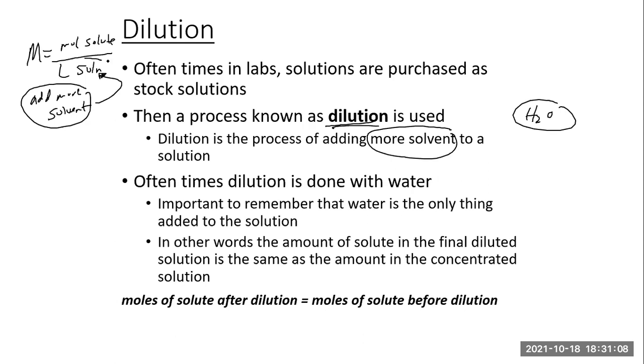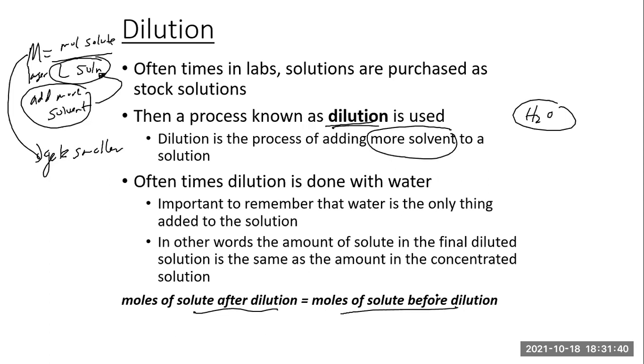So this number gets larger, which means the molarity gets smaller. So really by adding more solvent, we're increasing the volume of the solution. Mathematically speaking, top number is a small number, bottom number is a large number. The molarity will come down. Important to remember, again, we are only adding solvent, which means the moles of the solute, the stuff dissolved in there, before and after will remain the same.